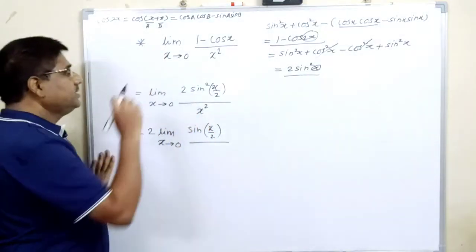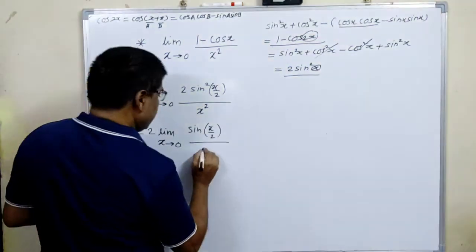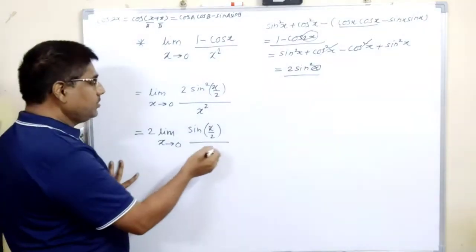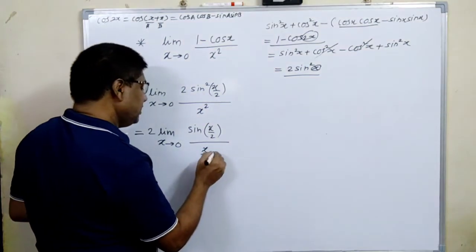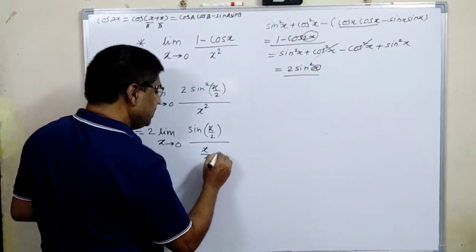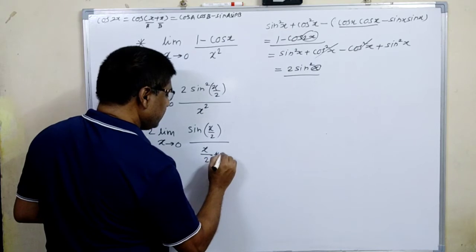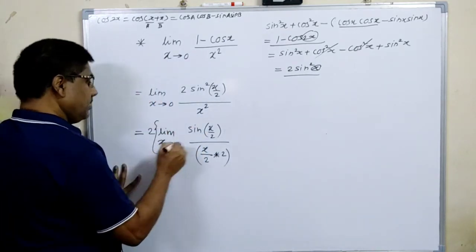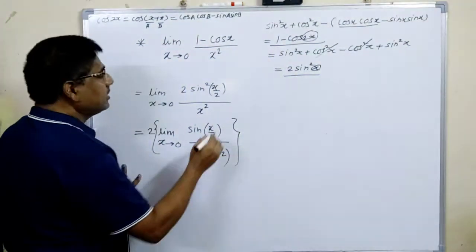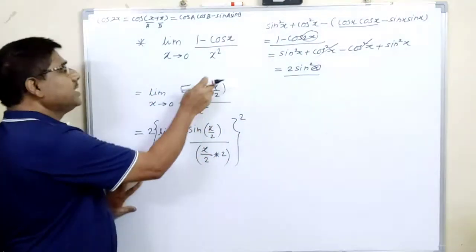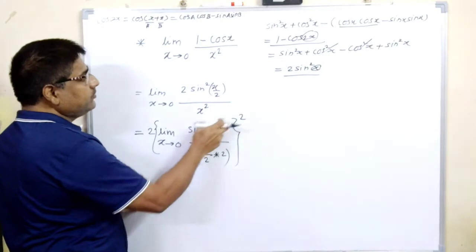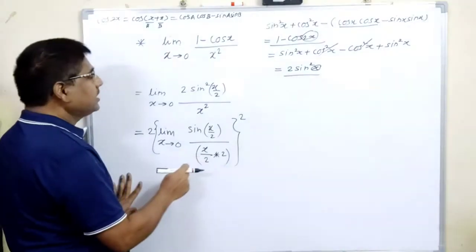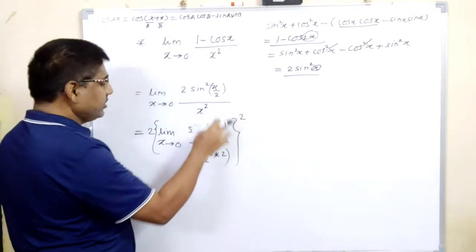Let us adjust this denominator x by 2. Let us multiply and divide by 2 in the denominator. And what we can write here, square, sin square x by 2, that term we already have here. This 2 will get cancelled and ultimately we will get x square only.